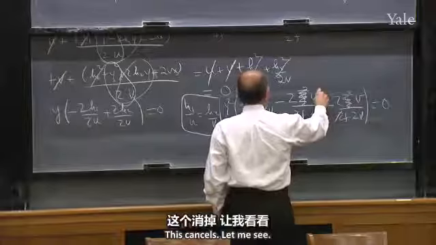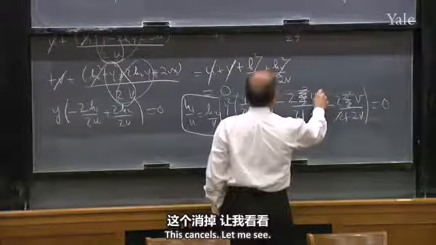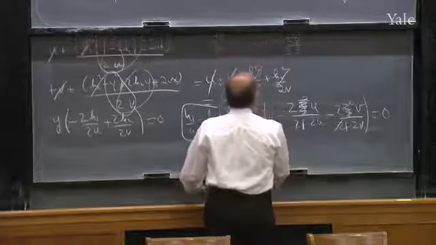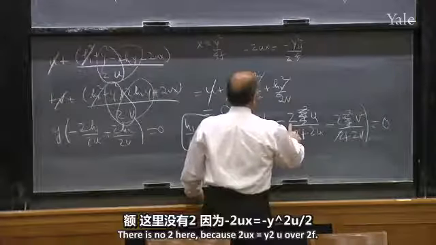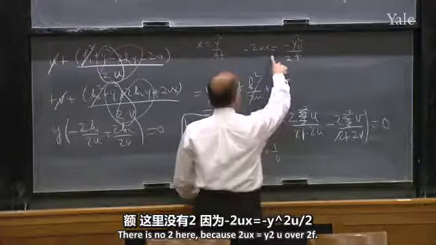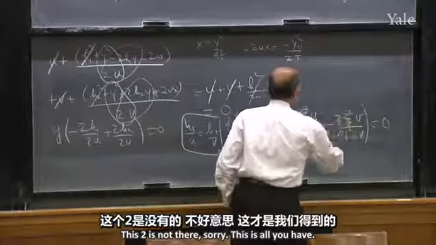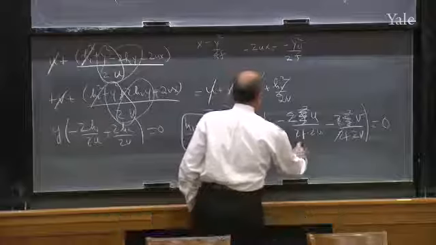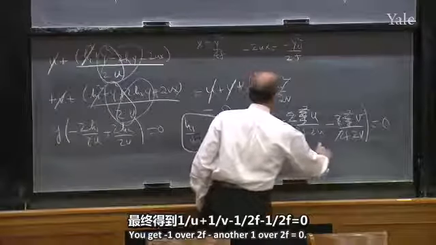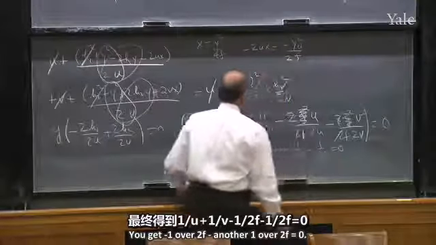There is no 2 here because 2ux is equal to y squared u over 2f. Sorry, this is all you have. So you get minus 1 over 2f minus another 1 over 2f equal to 0.